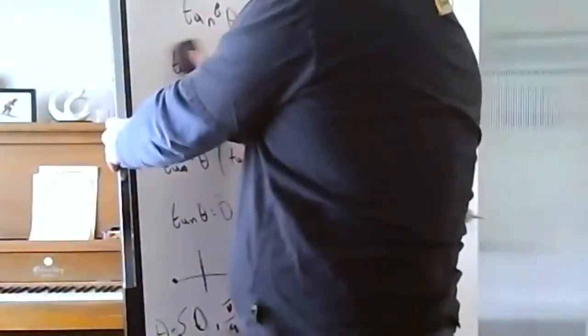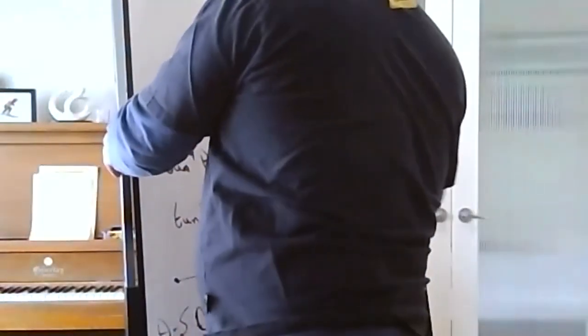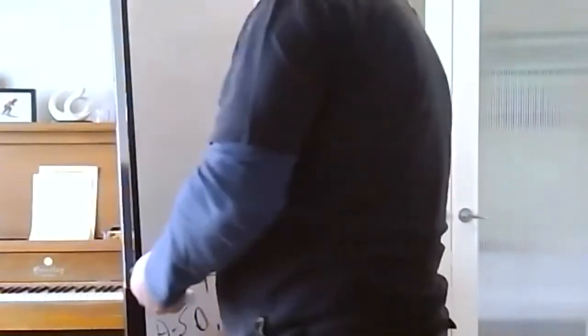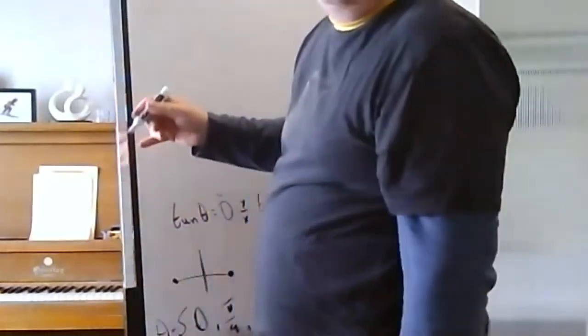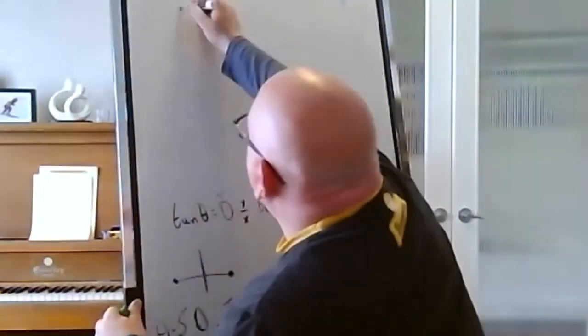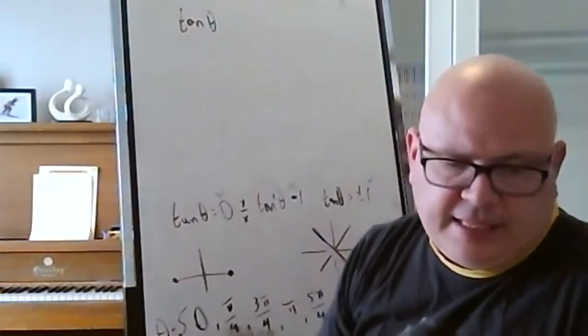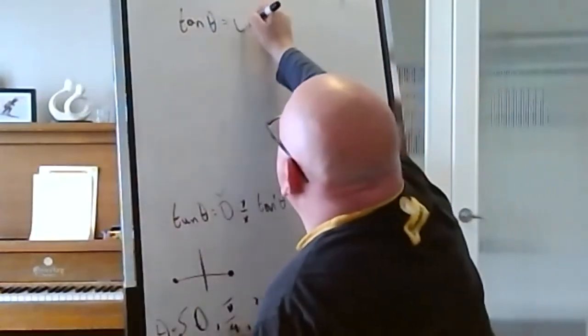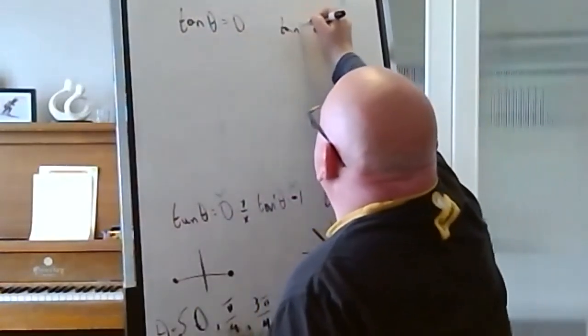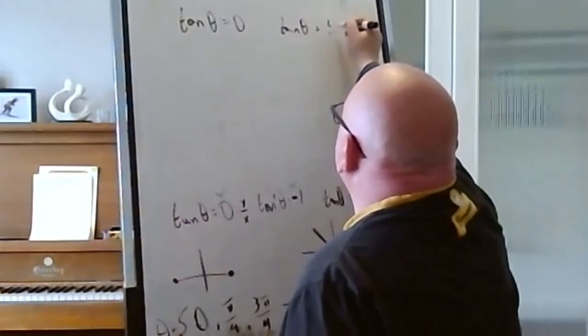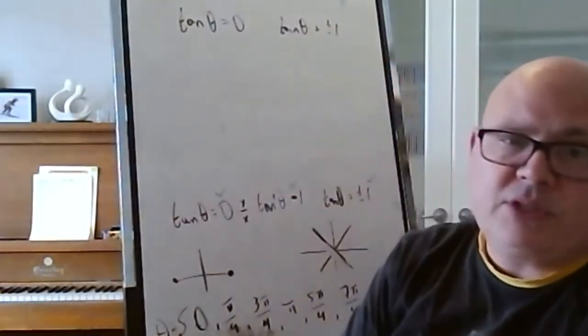We do need to state restrictions when we have tangent. And so we do need to look at that. Perhaps if we've got tan theta in here, that tan theta equals 0 and tan theta equals plus or minus 1, we do need to state restrictions on this.